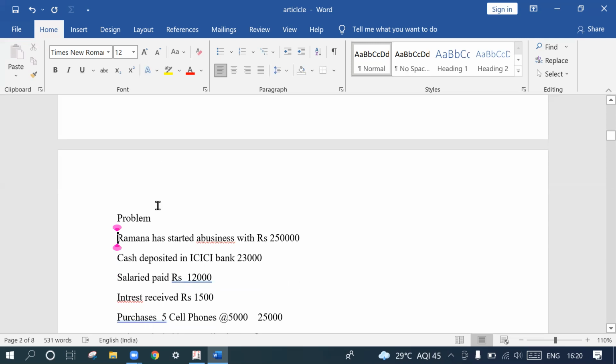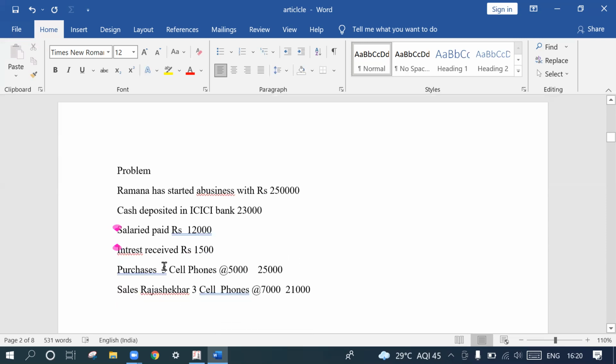We have seen 5 problems using the Tally ERP9 earlier. Now we are going to see another problem, that is the 6th problem. Yes, once again I am reading the problem. Listen carefully, watch it. Ramana has started business with rupees 2,50,000.